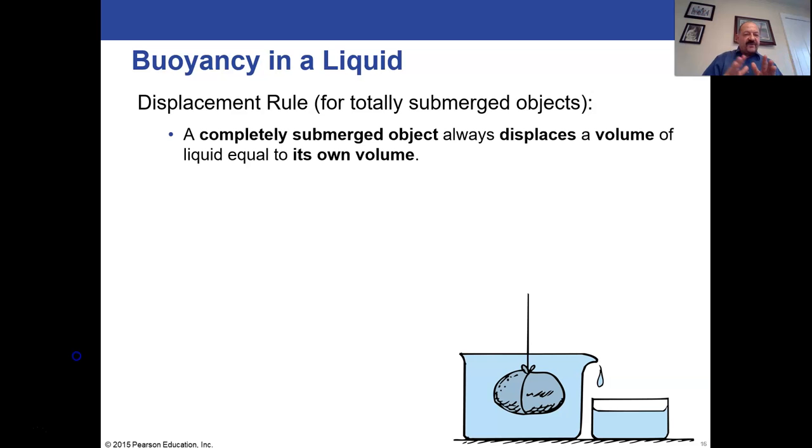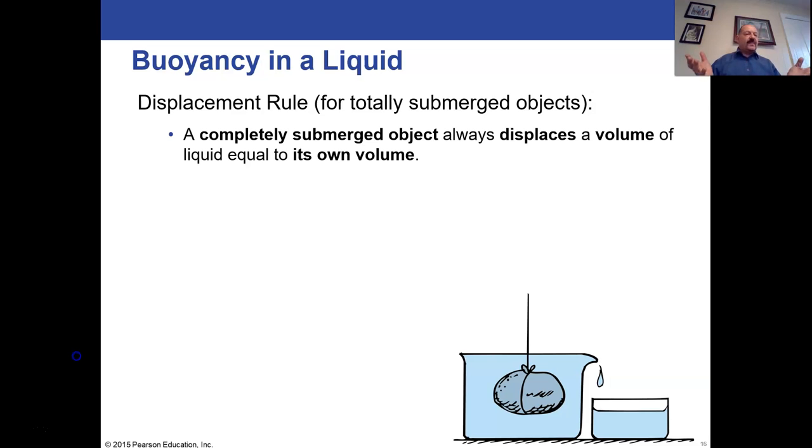Okay, so the displacement rule. This is a little different from the buoyancy. This is just talking about the volumes itself. So this was something that Archimedes discovered about 300 years before BCE. And he noticed that when you put an object, no matter what the weird shape of that object is, into water, it will displace exactly its volume of water.